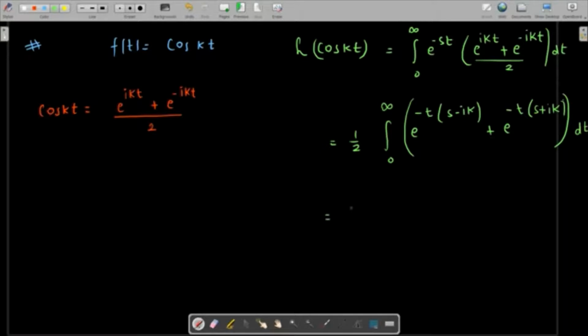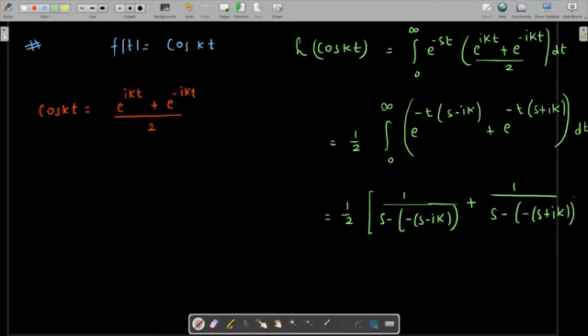All right. So if we integrate this now, we just read what the integration of e raised to at is. So keeping the same thing in mind, the integration is going to be 1 over minus of s minus ik, plus 1 over minus of s plus ik.